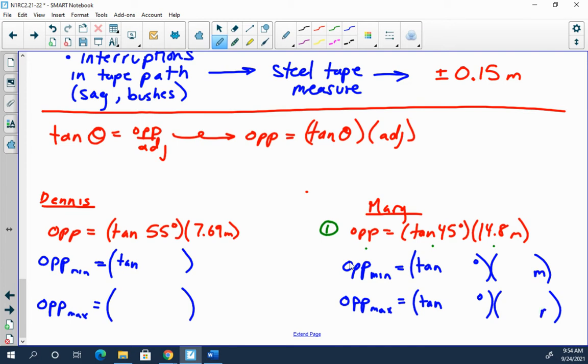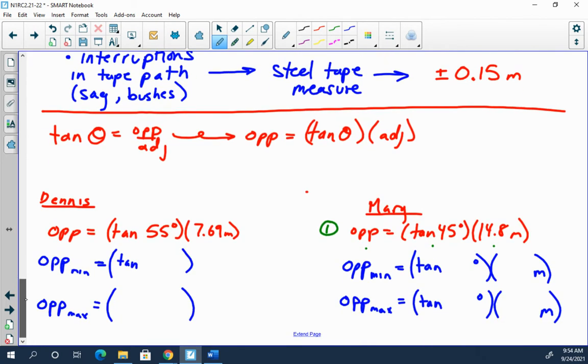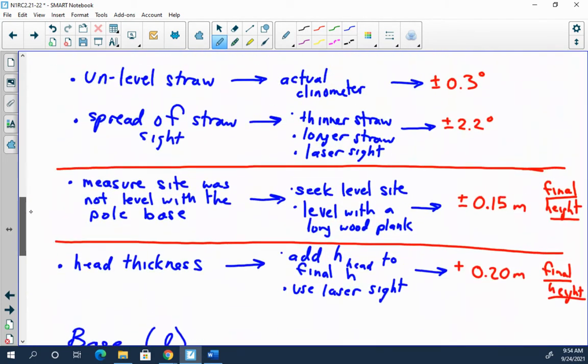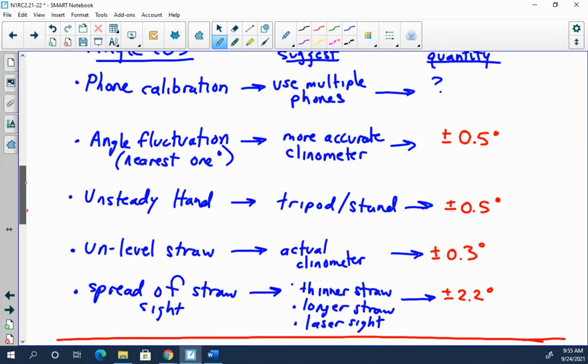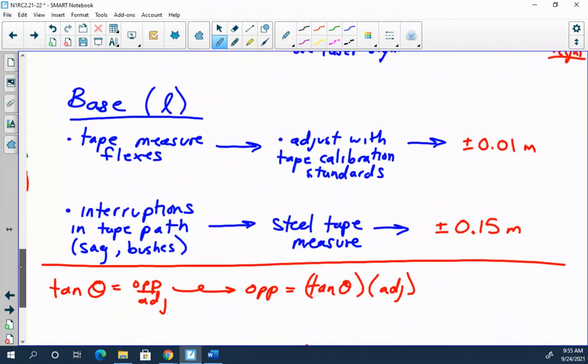Now, the point of this is to figure out if someone were to make not mistakes, but their measurements were to be exposed to all these different errors, what's the lowest possible height they could get? And then alternately, what's the highest possible height they can get?